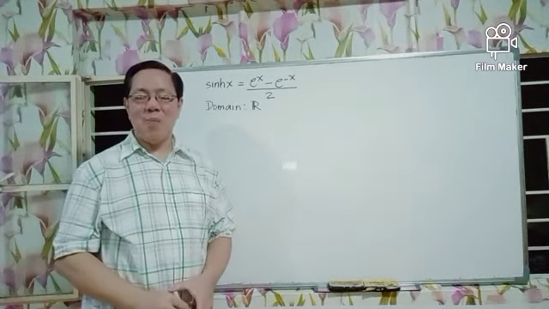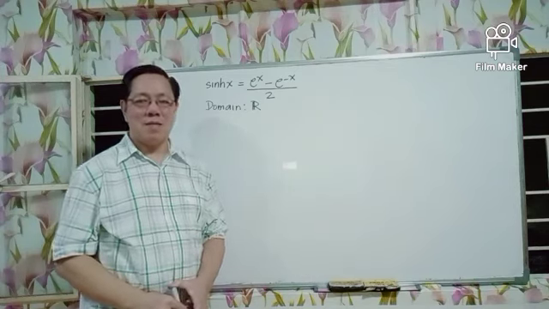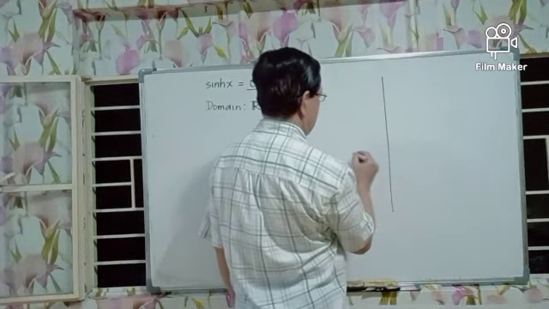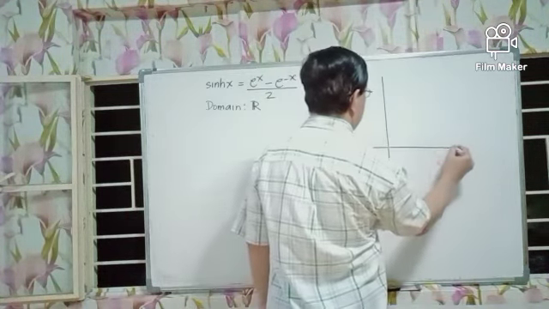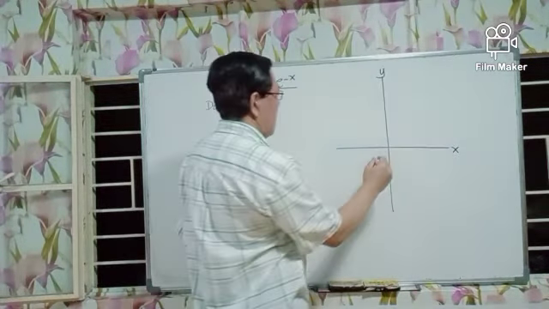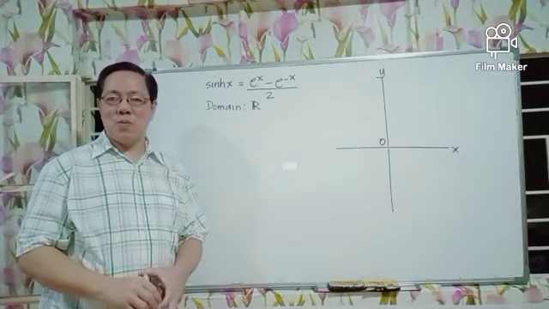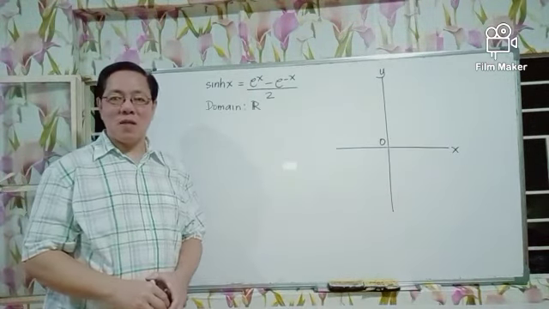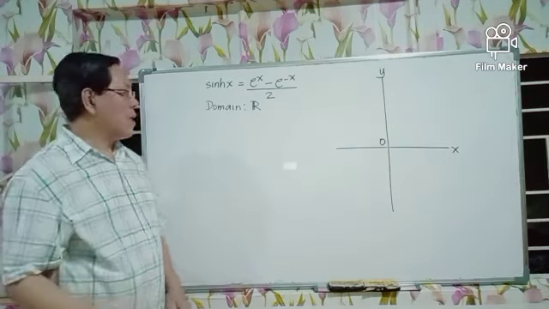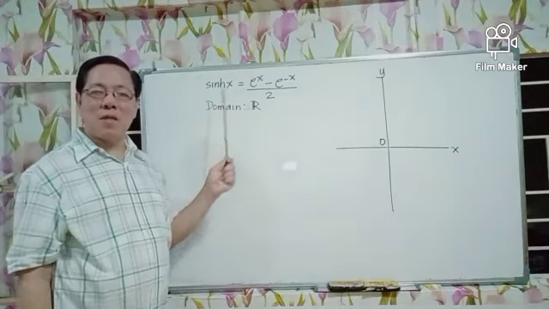Again, we sketch the graph of the hyperbolic sine in the xy plane or Cartesian plane. When we graph the hyperbolic sine, we start with the initial value of x equals 0. When x equals 0, we find the value of the hyperbolic sine of 0.